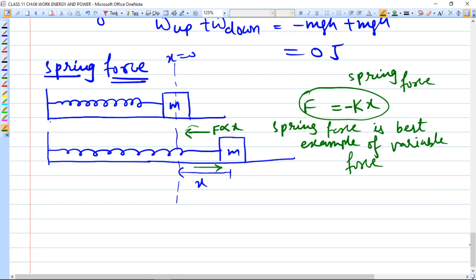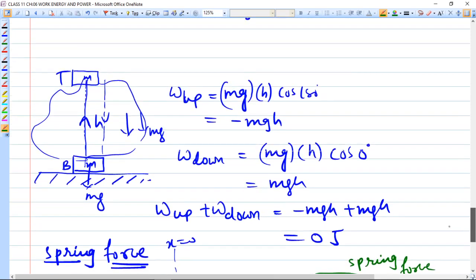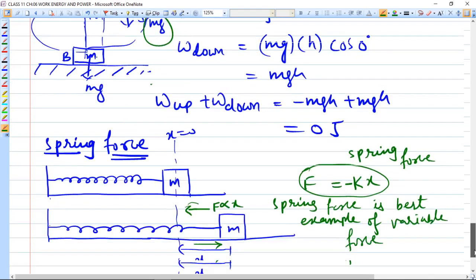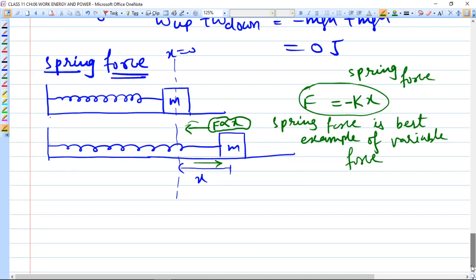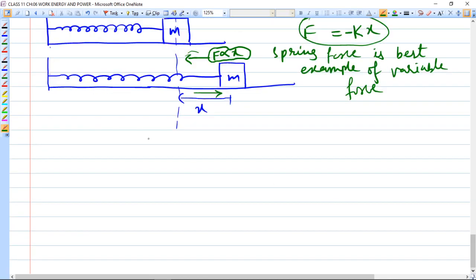We have discussed gravitational force, where an object is moved from bottom to top and top to bottom, in which the gravitational force is not changing. That was constant. Yes or no? But here we are discussing the spring force, and it is not constant. The spring force depends on the stretch, which means as the stretch increases, the spring force will definitely increase, yes or no?